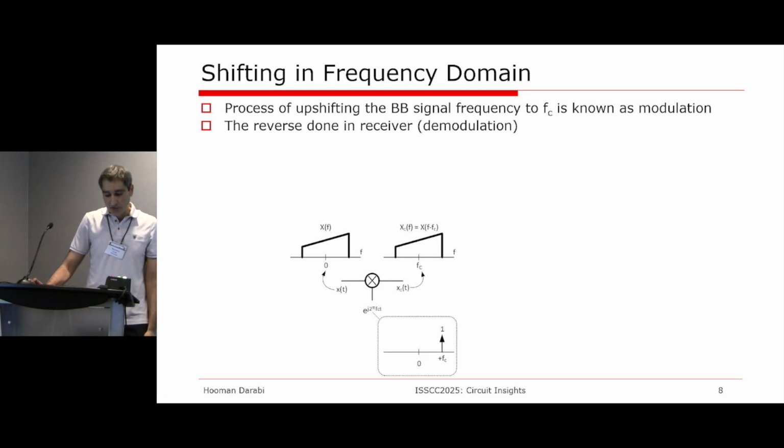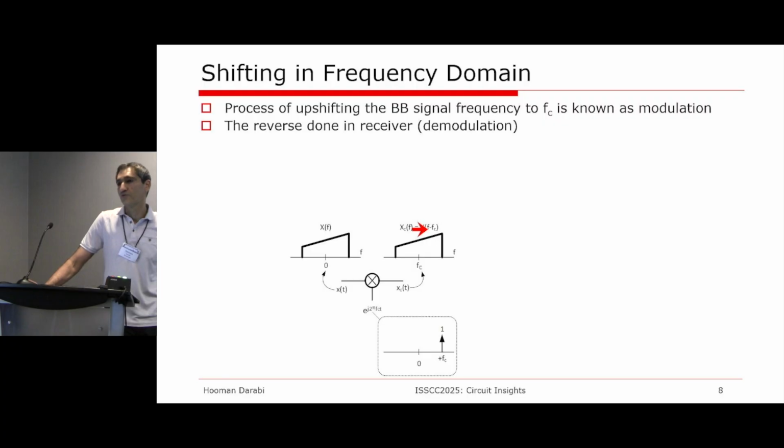Now, how this is done in the transmitter: if you look at the baseband signal as something like this in frequency domain, centered around 0, what we want to do ideally is to upshift this in frequency. So the carrier signal x_c(f) would be exactly X(f) just shifted by fc, X(f minus fc).